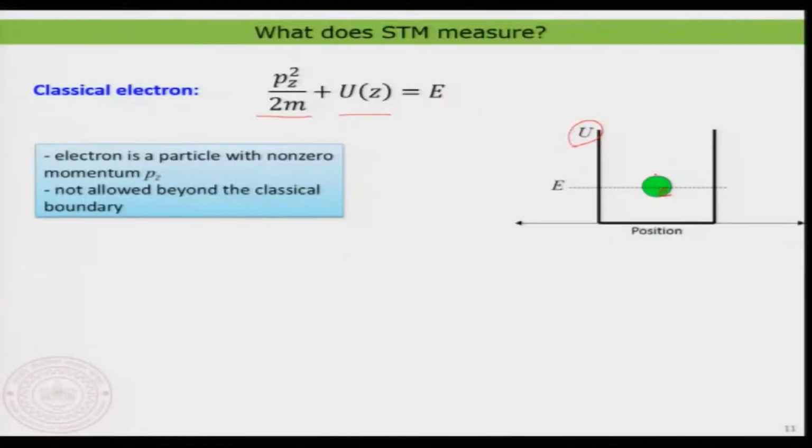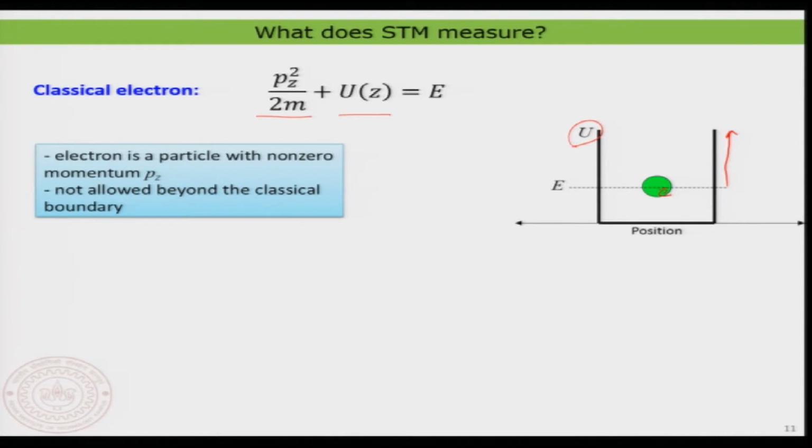So you would imagine that the electron gets confined inside this potential well, because its energy is not sufficient to escape, unless you supply additional energy so that it can get over this height. But we are not exciting it by any external agency, so we assume that the electron remains at that place.